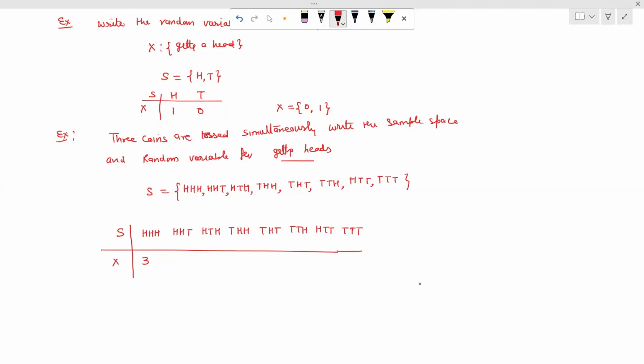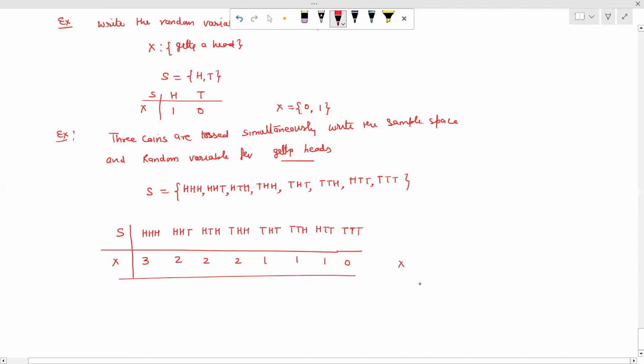The random variable X has number three, two heads. Here two heads, two heads, one head, one head, one head, and zero head. So these are the random variables. When you write down the random variables, they will be in the form of 0, 1, 2, 3. So these are the four random variable values for this particular example.